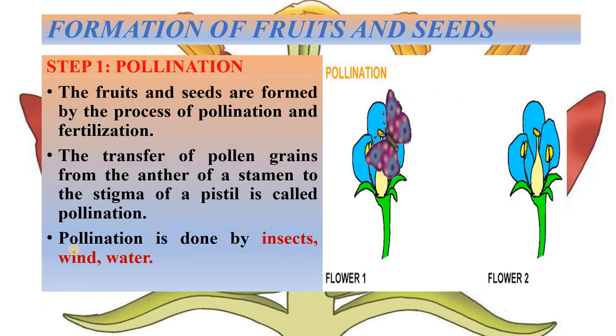Drumstick flowers, those are very light in weight, those are done by wind. And mostly the pollination is done by insects. Insects get attracted by the color and smell of a flower, they sit for sucking nectar and all, and then they take up the pollen grains, and when they sit on another flower, those pollen grains fall into another flower and it produces what? Produces the fruit.